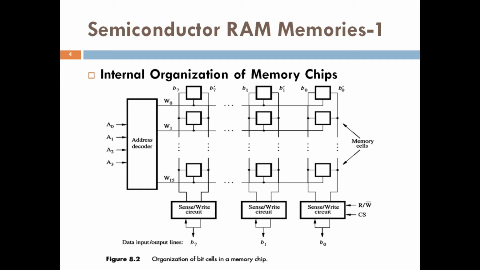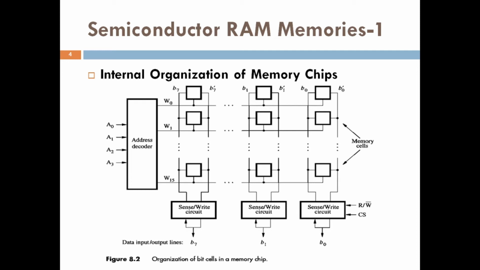The sense or write circuits are connected to the data input output lines. So the memory cells in a column are connected to a sense or write circuit by these two bit lines, and each sense or write circuit in turn is connected to the data input output lines of the chip.